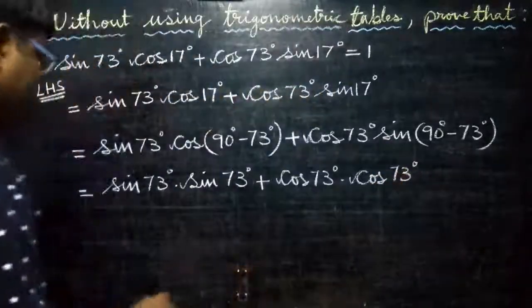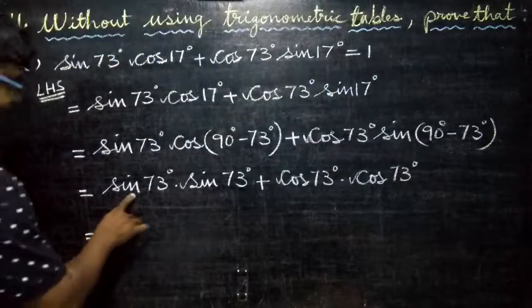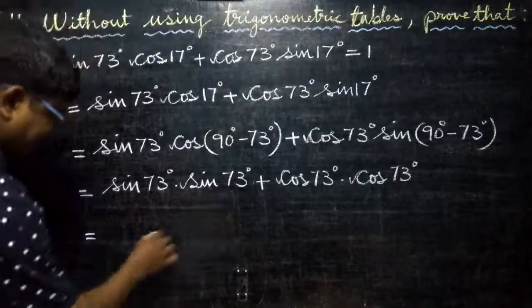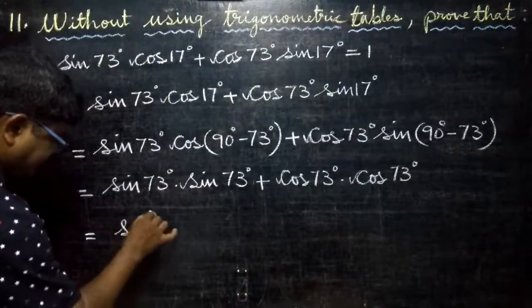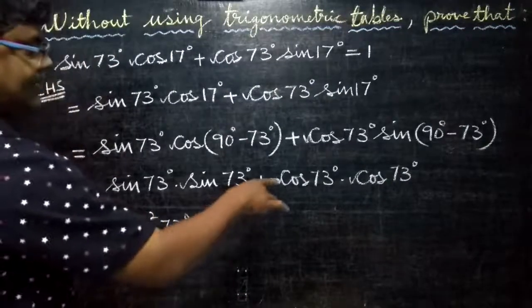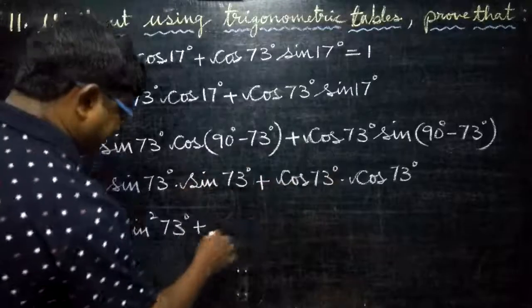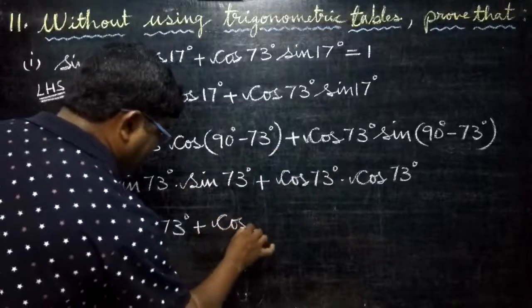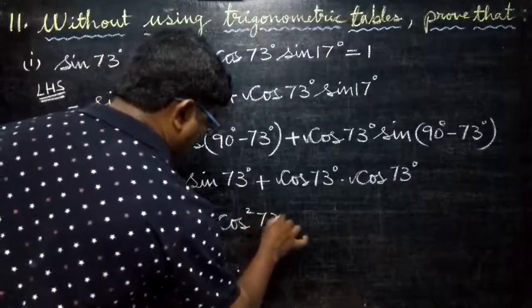Are you able to follow? That is equal to sin 73 degrees into sin 73, sin square 73 degrees, plus cos 73 degrees into cos 73 degrees is cos square 73 degrees. Are you able to follow?